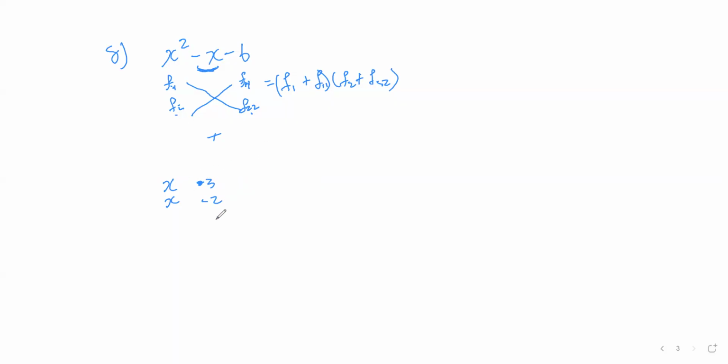Let's cross multiply and add and see whether we get minus x. x times -2 will be -2x, plus x times 3 will be 3x, right? And our answer is x, but we are looking for -x. So that first trial did not work. Let's try again. So what can we do?